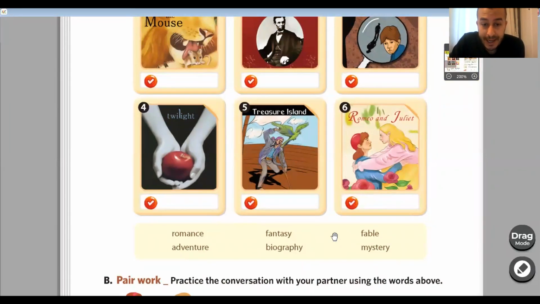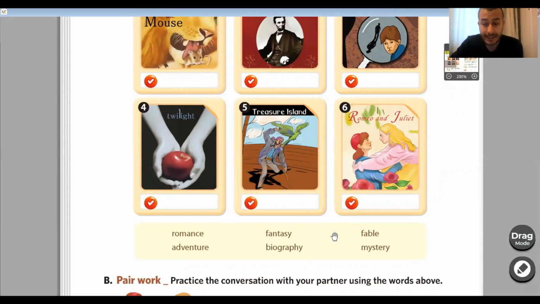And the next word is biography. Biography is a kind of book too that portrays or speaks about the life story of someone in chronological order, which means it depicts his life since he was born or she was born till his or her death.